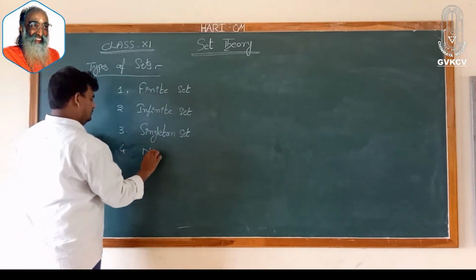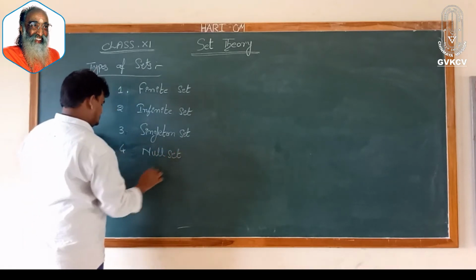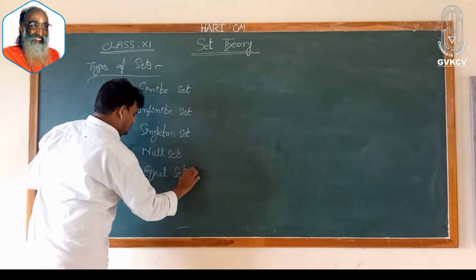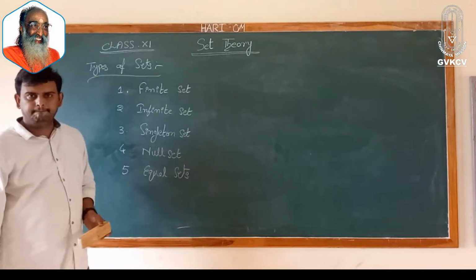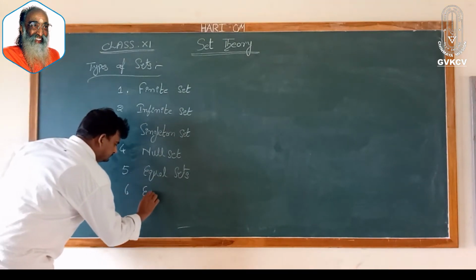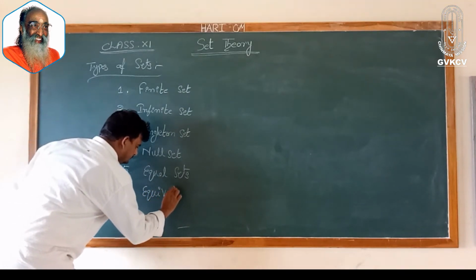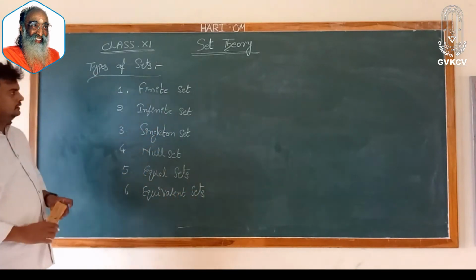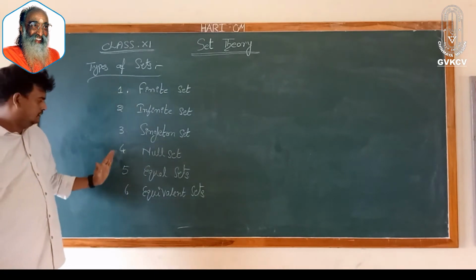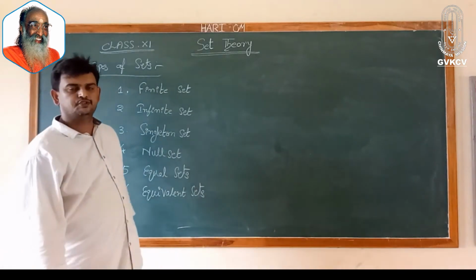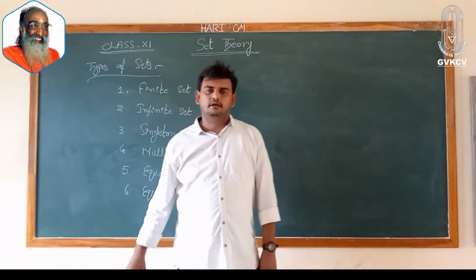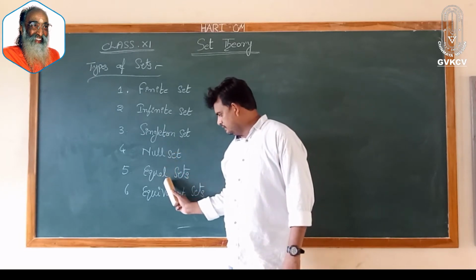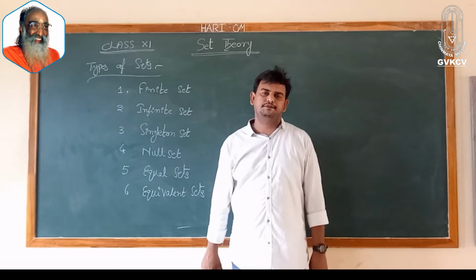And the fourth one we have null set. And the fifth one we have equal sets. And the sixth one we have equivalent sets. So basically these are the types of sets we have: finite set, infinite set, singleton set, null set, equal sets, equivalent sets.